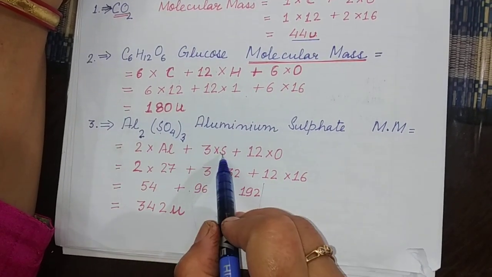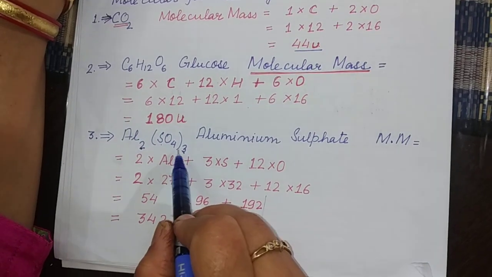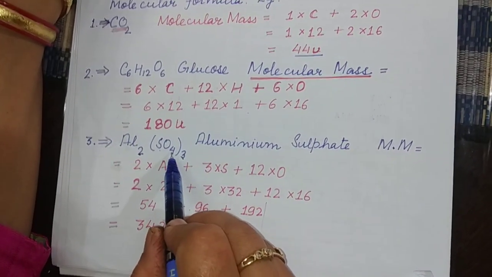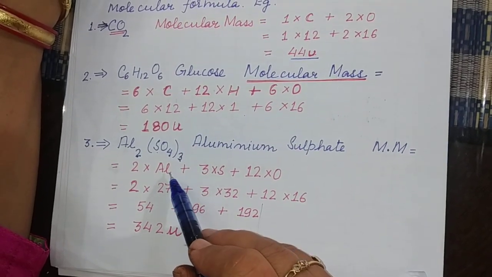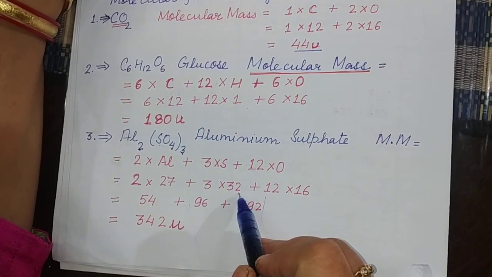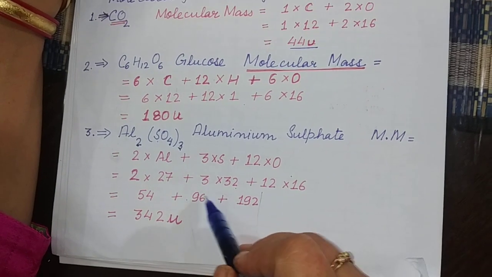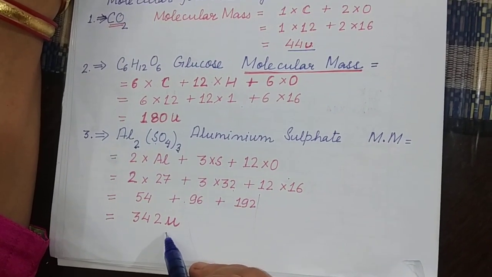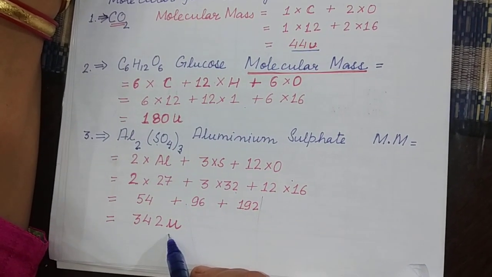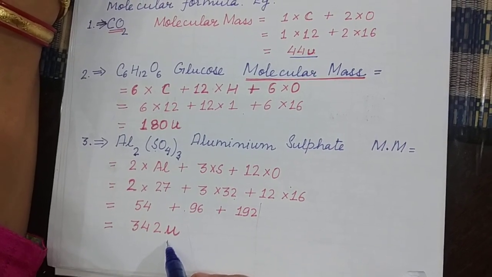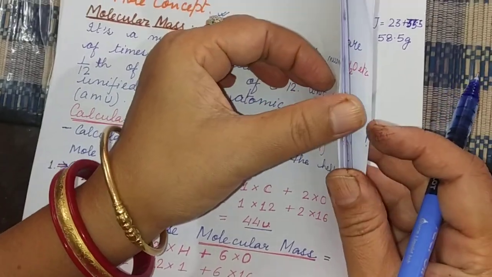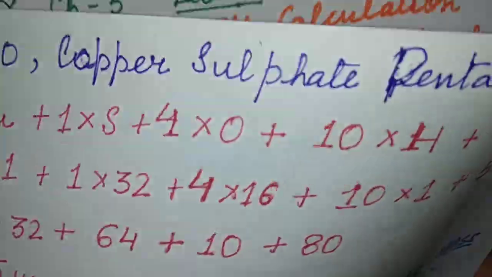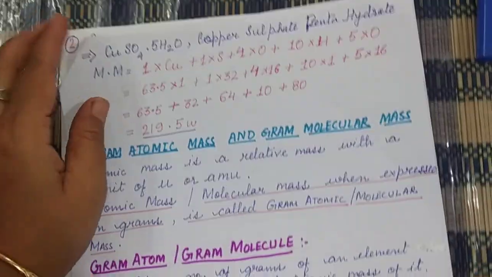So 3 into S plus 3 into 4, that means 3 4s are 12 into O. Now after I put the atomic masses of aluminium, sulfur and oxygen, and when all of this is calculated, the molecular mass of aluminium sulfate comes out to be 342 U. So this is how we can calculate the molecular masses of various compounds.